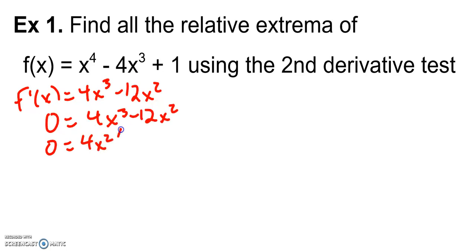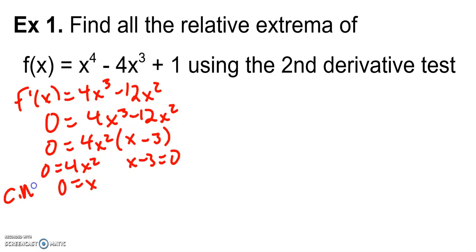In this case we'll factor by taking out a GCF, and then we set each portion equal to 0. So we find our critical numbers to be 0 and 3. Normally we would then make a number line and check our open intervals, but now we're going to use the second derivative test to figure out max and min.